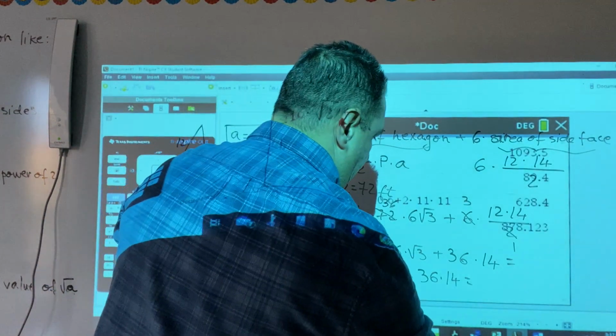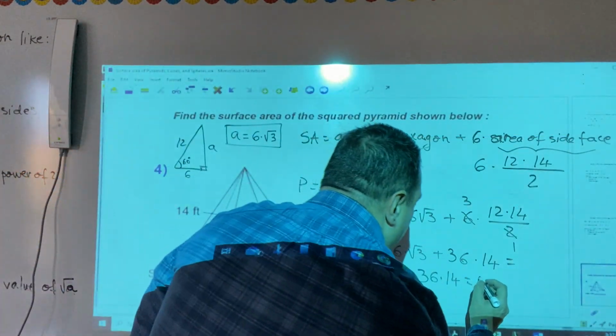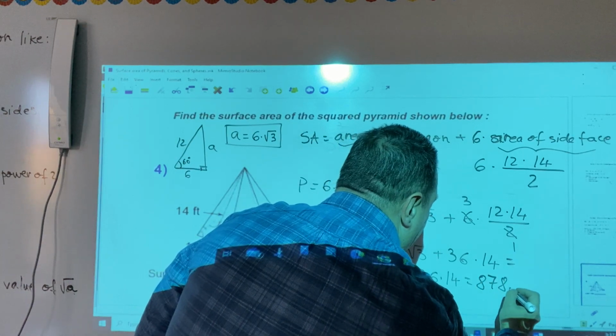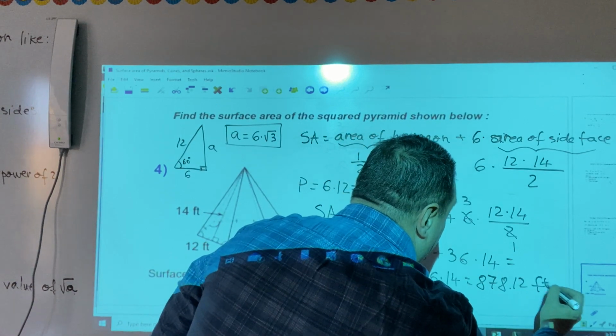Yes? 878.12, again, square feet because it's area.